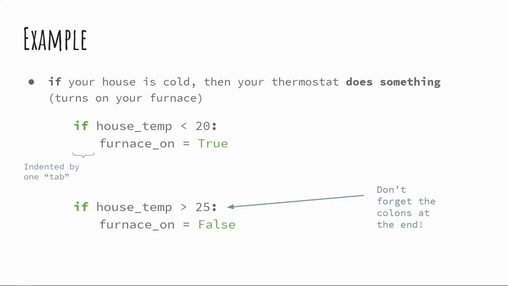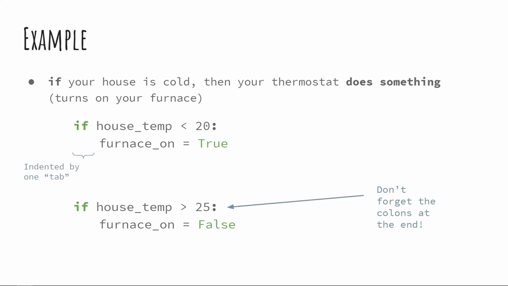So here's an example. This is the sort of algorithm that your thermostat might follow. So you say if house temperature is less than 20, then furnace on equals true. So once the temperature in your house drops below 20, you want to turn on the furnace. Then you could say if house temperature is greater than 25, furnace on equals false. And so that would then turn your furnace off when your house got warmer than 25.